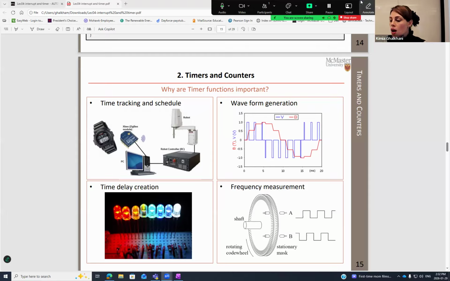The importance comes from the fact that in the real world, most of the things we deal with are not digital, right? Everything around us is analog. Therefore, none of the things that we are seeing around us, such as sensors in the real world, are something understandable for the microcontroller. On the other hand, kids, a microcontroller doesn't have any understanding, or I would say any sense, of time.